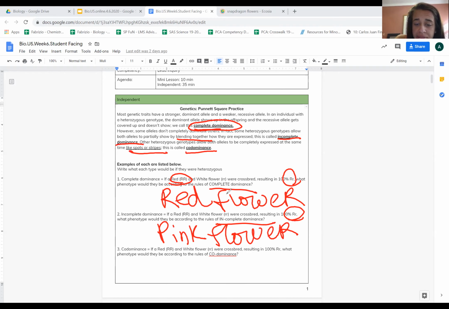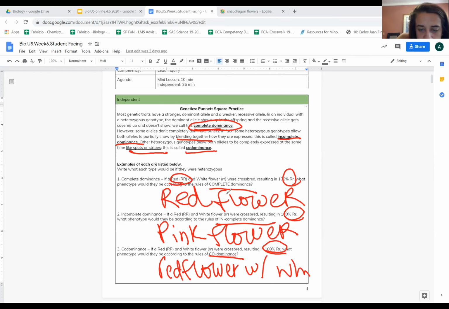So for a heterozygous individual with codominance, we would have like a red flower with white spots or whatever, or stripes. Okay, so pause me now if you need to write this down. If you have any questions about that, please shoot me an email or write in the comments.